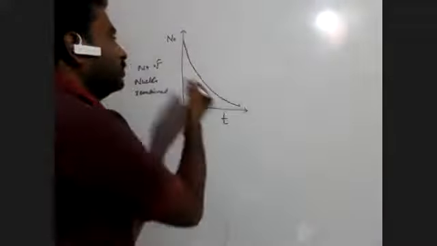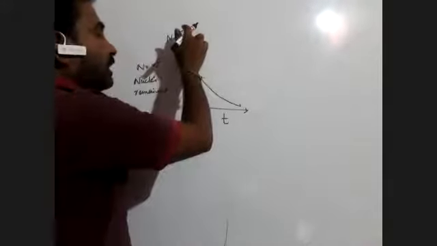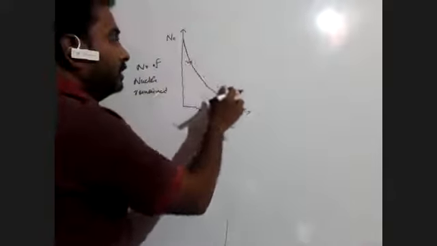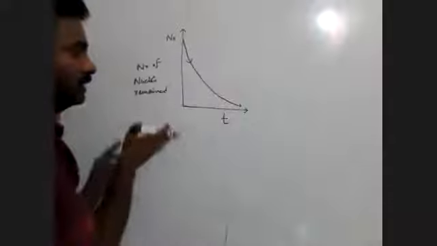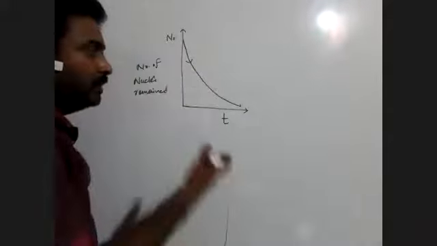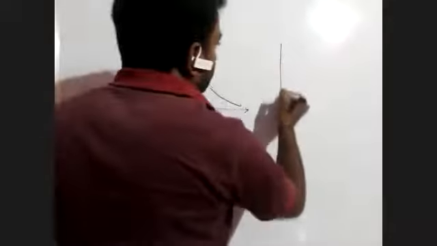This is an exponential decrease. Initially the graph is rapidly decreasing and then it slows down. So initially more nuclei decay from the sample, and as time passes, fewer go out.